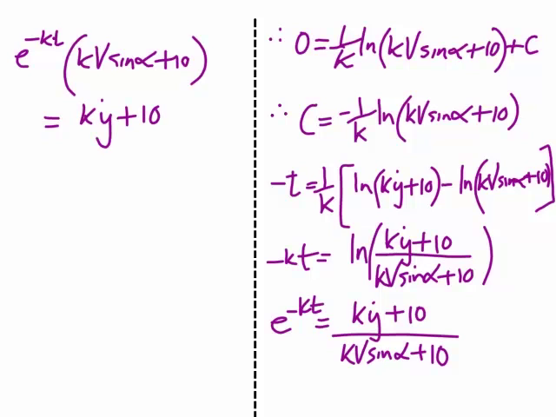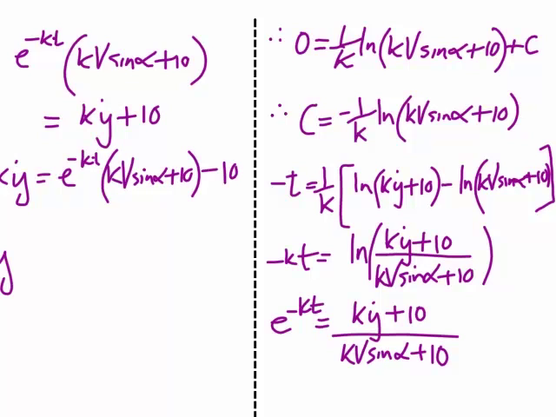So you can see it's pretty easy now to rearrange this for y dot. First of all, let's write it as ky dot to start with. Ky dot is just e to the minus kt times kv sine alpha plus 10, minus 10, and divided by k.